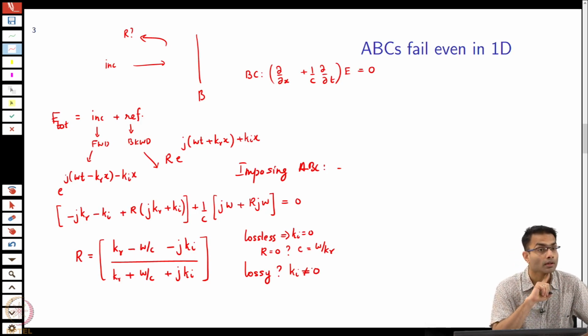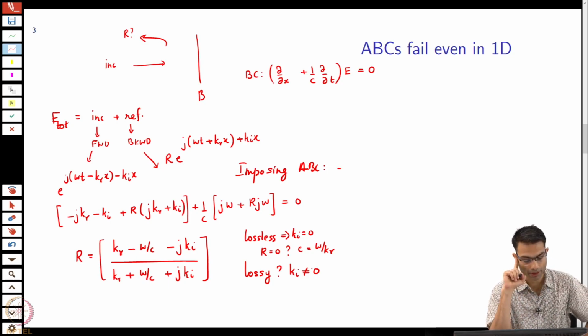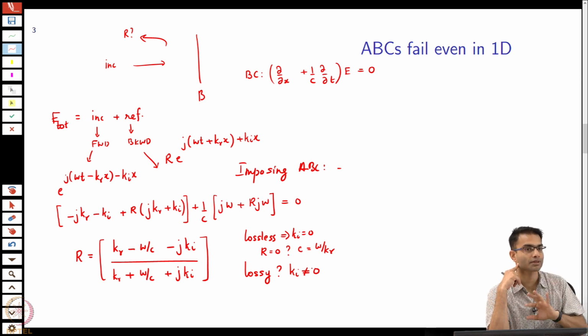No, omega by c is a real number. How can omega by c equal to kr minus jki? Yeah, so how can a real number be equal to complex number? Can't be, right? So, there is no value of c that I can play around with that can make this expression go to 0.